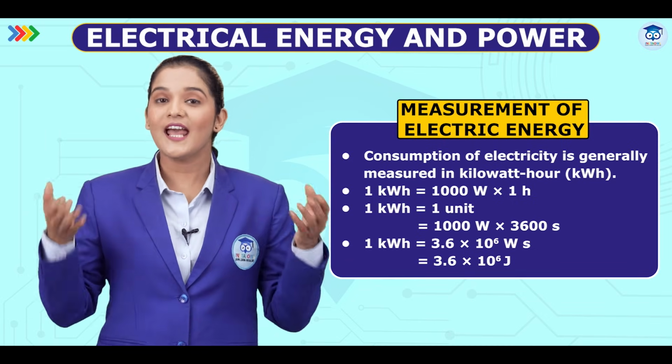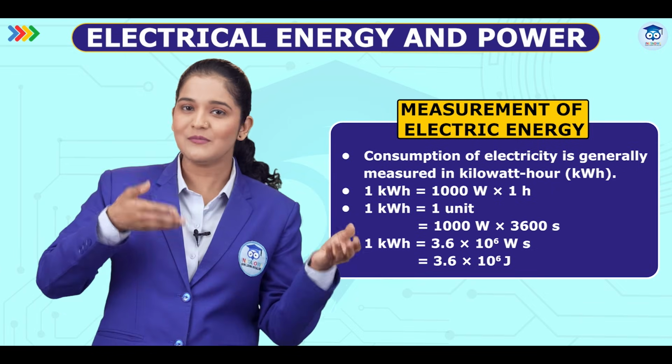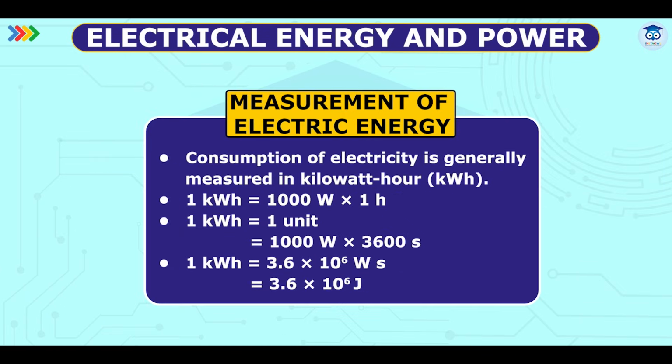This definition helps us relate power and time directly to energy. Mathematically, 1 kilowatt hour equals 1 kilowatt multiplied by 1 hour, which is equal to 1000 watts multiplied by 3600 seconds. This gives us a result of 3.6 into 10 raised to 6 joules.